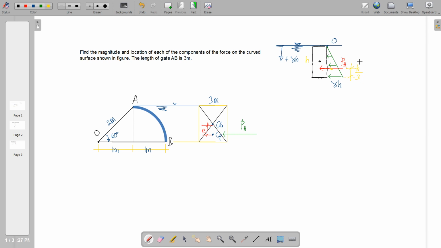So isn't it that this location is very much easier rather than to compute for E with the formula I bar all over A Y bar. So this is much simpler. If we do know H here, we'll just have to divide that H divided by 3 to locate this horizontal component of P.